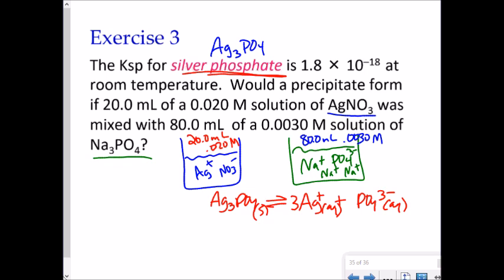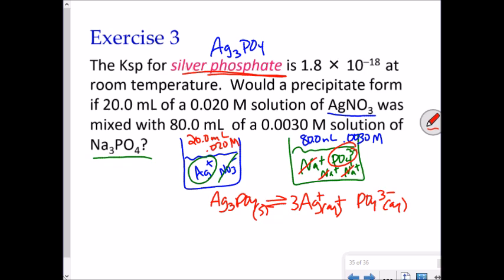Now, you have to think about this in terms of my initial concentrations. Which two ions do we need to focus on here? We need to focus on the silver. So the nitrate's just a spectator. And we need to focus on our phosphate, and the sodiums are spectators. They don't matter, right?